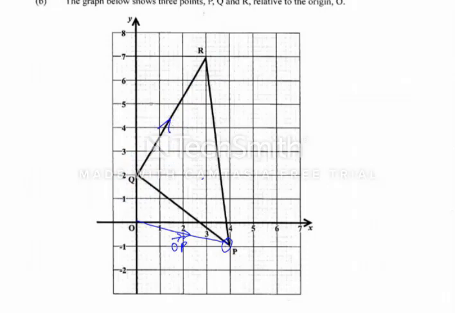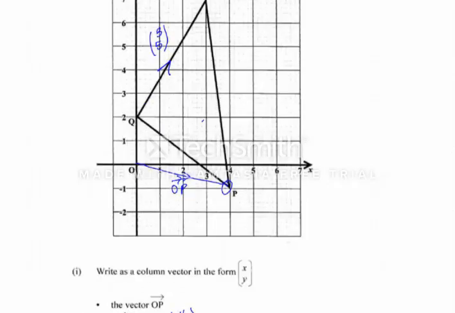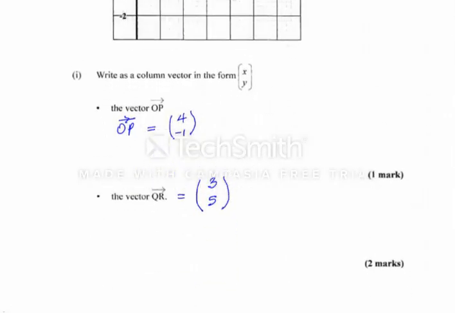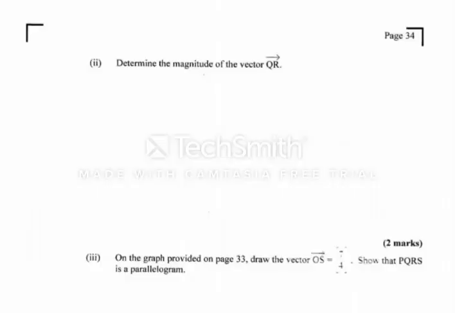So the vector QR is the vector (3, 5). Now, the next thing we're asked to do is to determine the magnitude of QR. So remember, QR is the vector (3, 5).